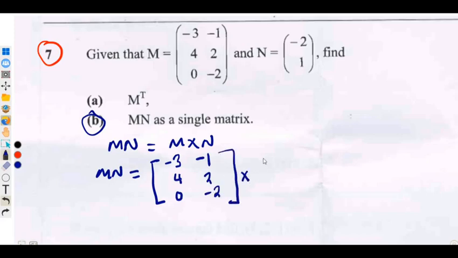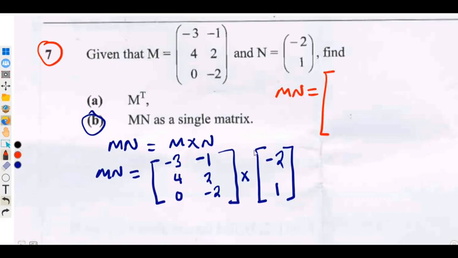Then we multiply this with the matrix for N, which is negative 2 and 1. So we have row by column: negative 3 times negative 2 gives us a 6, plus negative 1 times 1, which gives us negative 1.